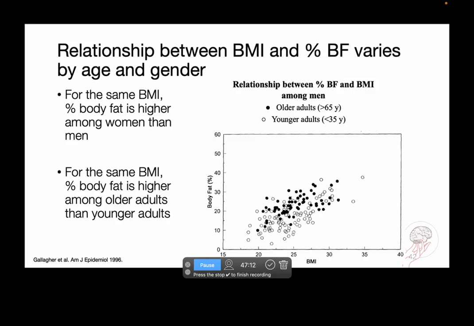But we also know that we lose muscle as we age, decrease muscle mass with age. So for the same BMI, percent body fat is higher among older adults compared to younger adults.